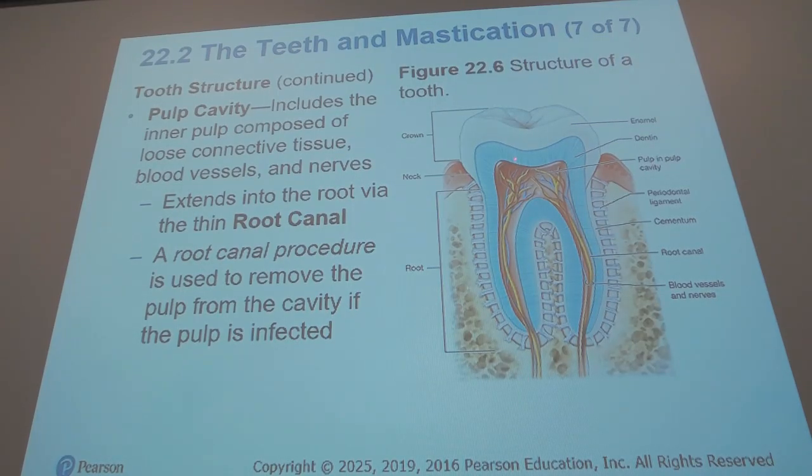It is very sensitive to acids and to changes in temperature, like cold and hot substances in your oral cavity. And then the third strongest substance that we have in the body will be the bone.